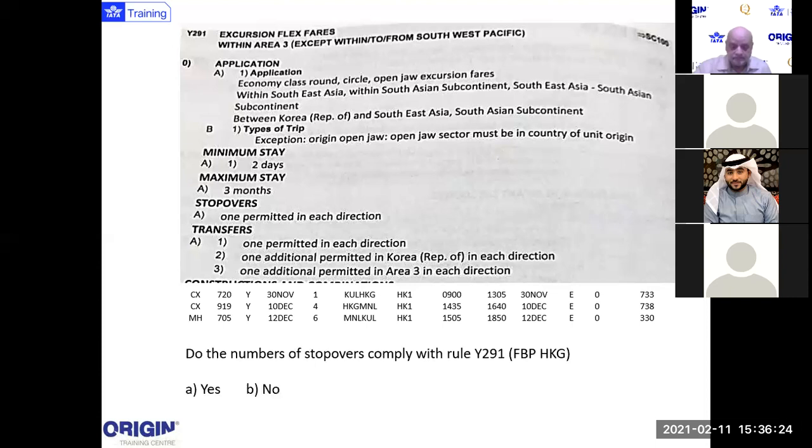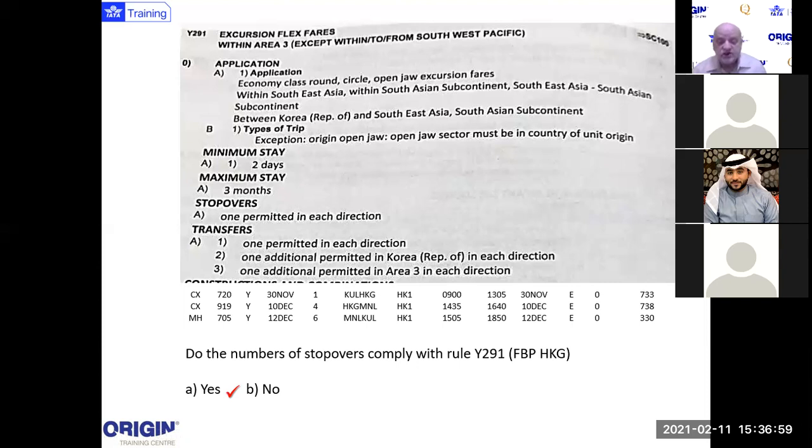So, does the number of stopovers comply with this rule? How many stopovers am I permitted? 1. One in each direction. Now I've got one outbound, so that's okay. When they say you can have one in each direction, it doesn't mean you must have one. It means you can if you want.